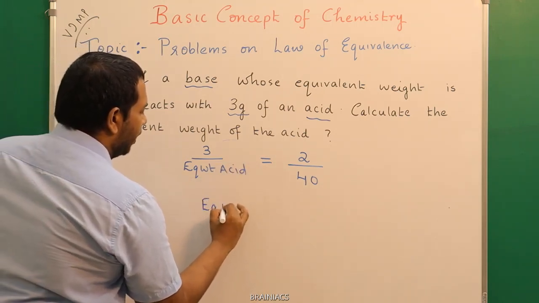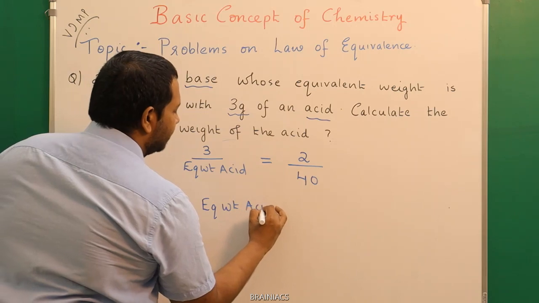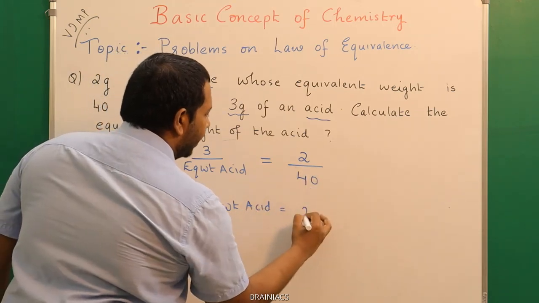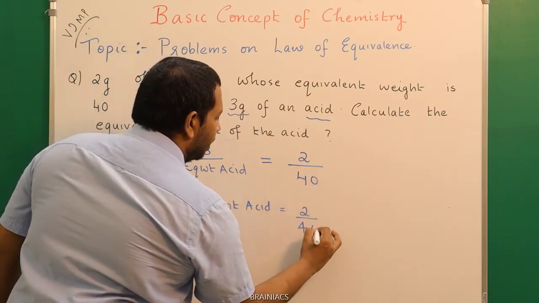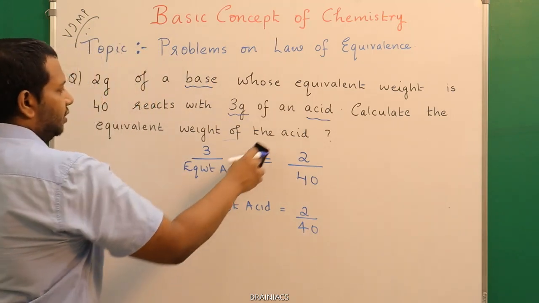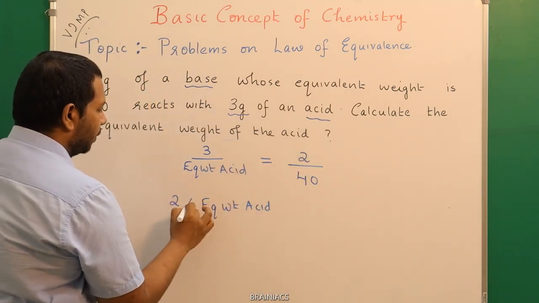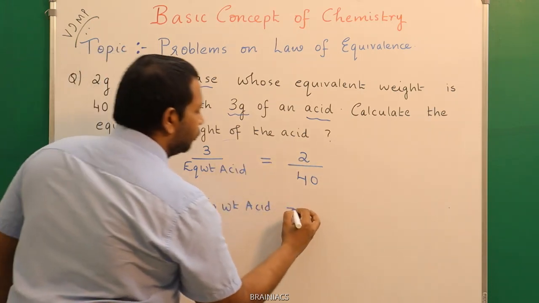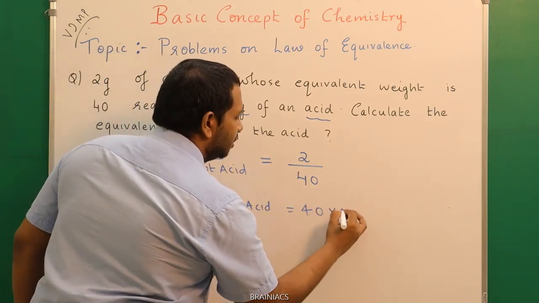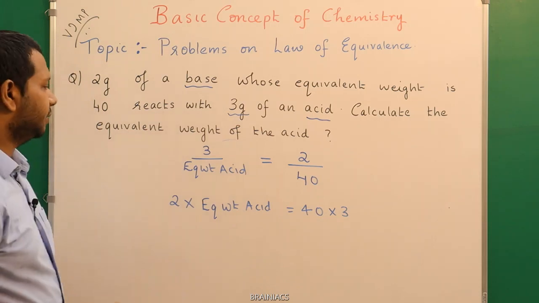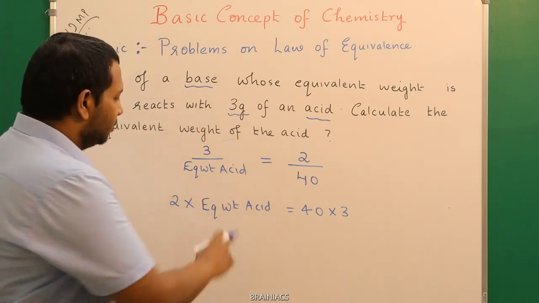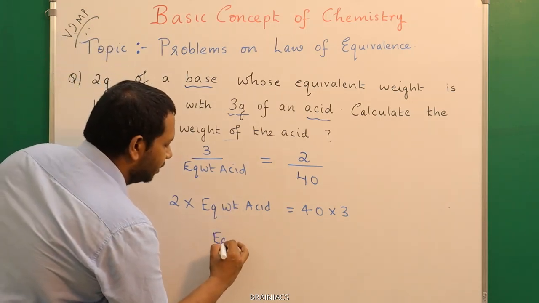So the equivalent weight of the acid is equal to 2 divided by 40. Okay. So I am taking this 2 here. So I can say 2 into equivalent weight of the acid is equal to 40 into 3. Okay, I hope you remember these mathematics in your lower classes. So what is the equivalent weight of the acid from this?